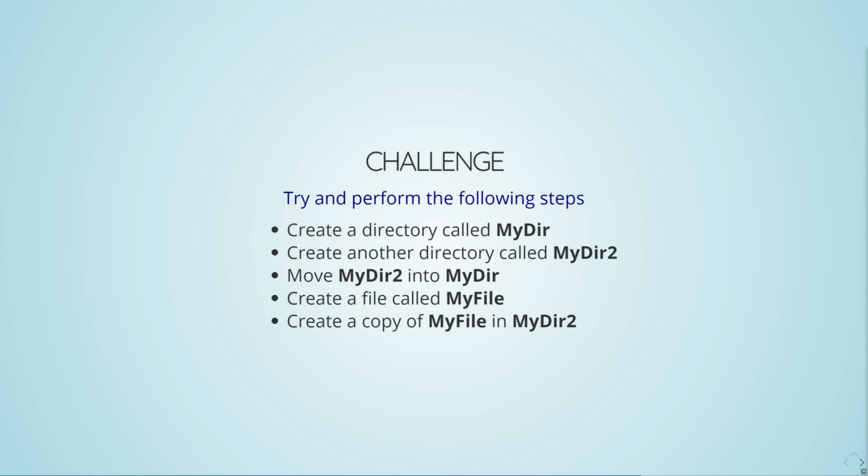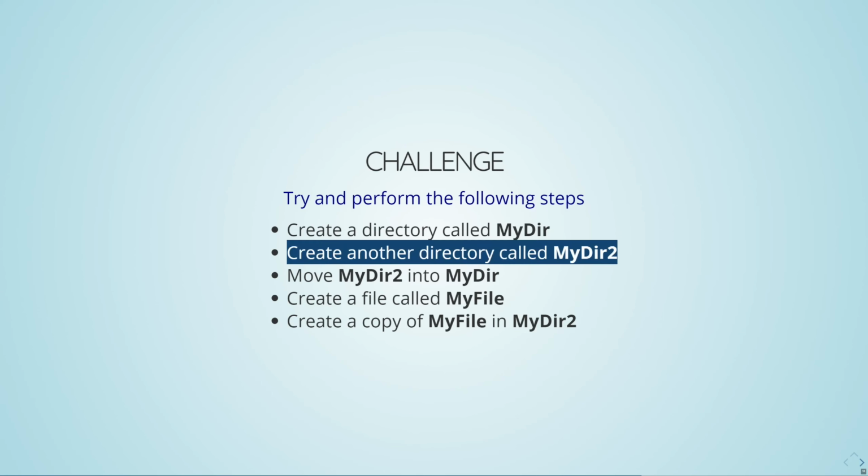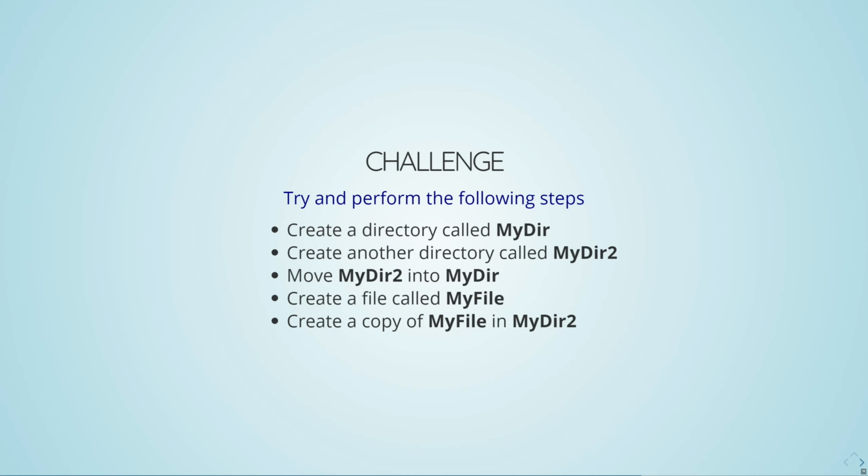Before we move on to part 3, as a little challenge, I want you to try to follow these steps. In your home directory, create a directory called mydir. Create another directory called mydir2. Move mydir2 into mydir. Create a file called myfile, and then create a copy of myfile in mydir2.